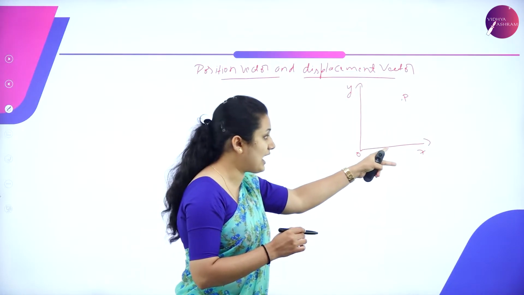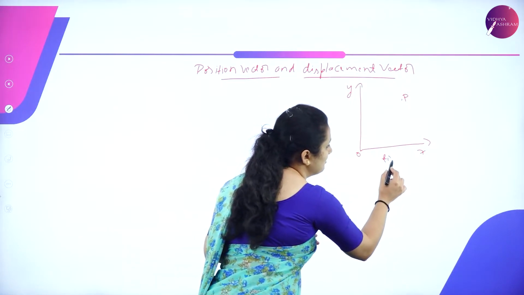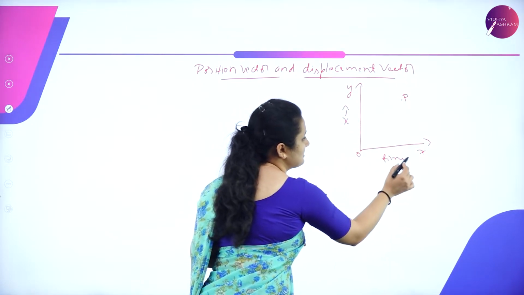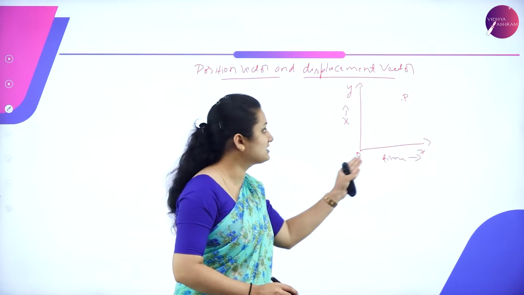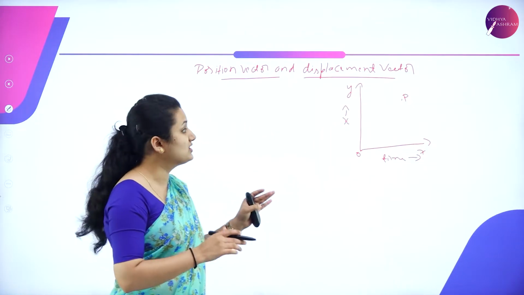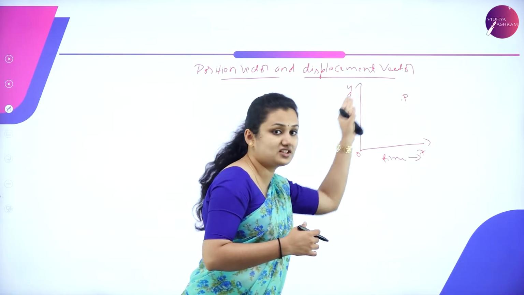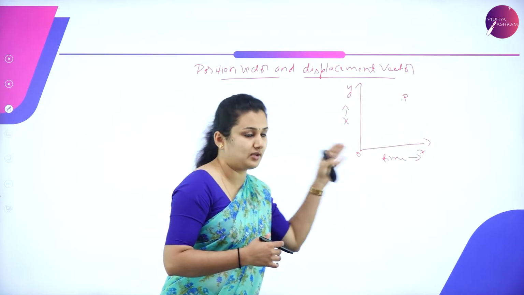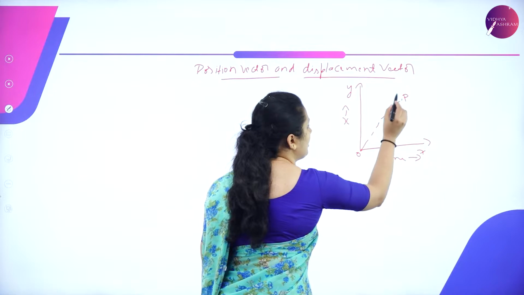It requires two axes, x as well as y. So if this is time along x-axis, position represented by y is along y-axis. So I require the two axes x as well as y to describe the position of the object in the plane. So this is two dimensions, that is plane, motion in two dimensions. So the particle has moved from origin to some point P.